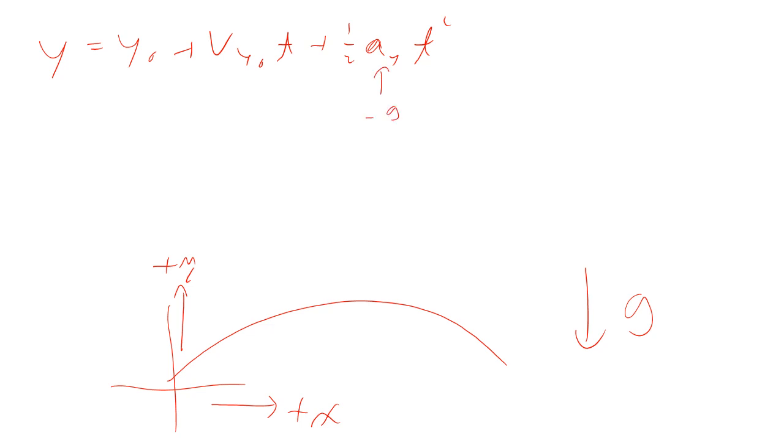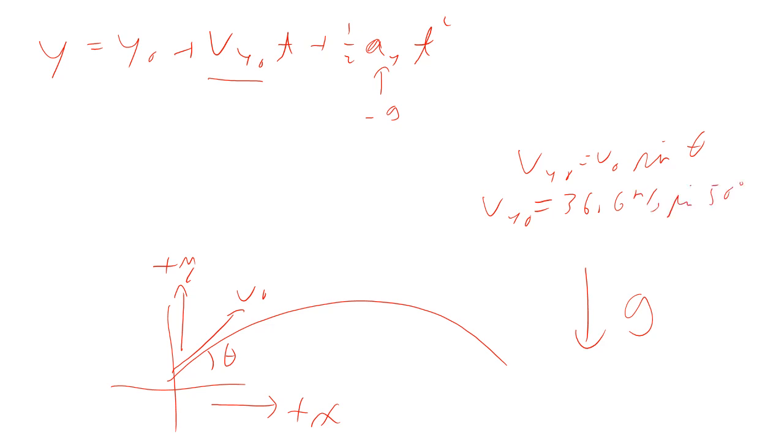We know v naught, we know the angle, so that means we can find vy naught. Vy naught is going to be v naught sine theta, so vy naught is going to be 36.6 meters per second times sine 50 degrees.